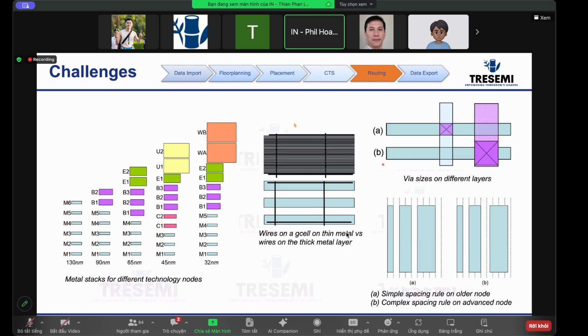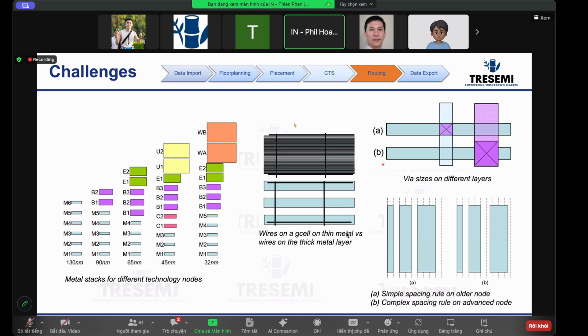So now you have more devices and more functionality in the same area. Without adding additional wires, first of all, you cannot wire without DRC violations within a small area because the transistors shrink so fast.